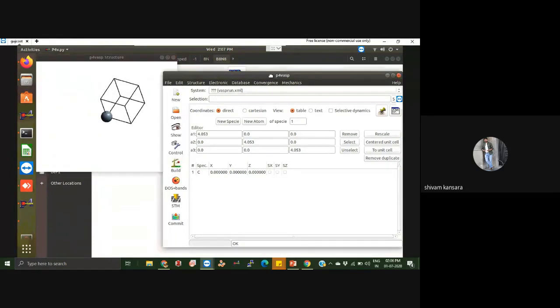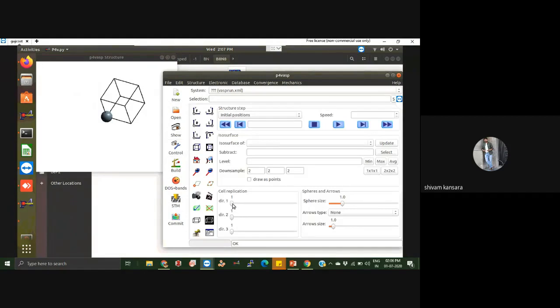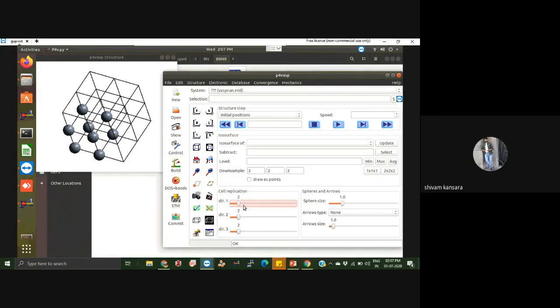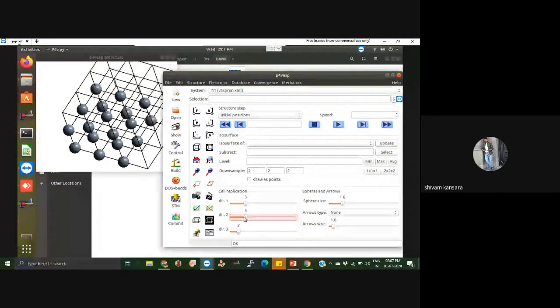If we want to see the proper supercell, go to control and extend. This is the cell replication. Direction 1 is the X direction, direction 2 is the Y direction, direction 3 is the Z direction. So let's do 3 by 3 by 3 in XYZ.